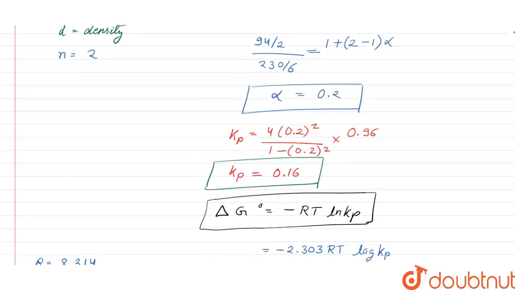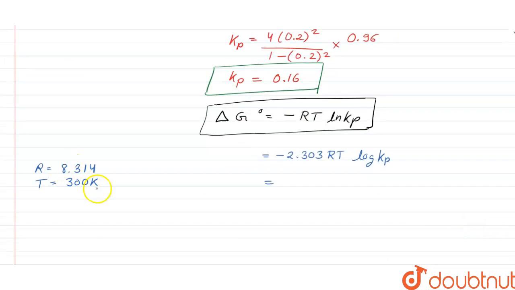That is why we are converting it into Kelvin and writing 300 K. So let's put all the values: minus 2.303 into 8.314 into 300, that is temperature, then log Kp, which we have calculated, that is 0.16. This will give us the delta G naught value.